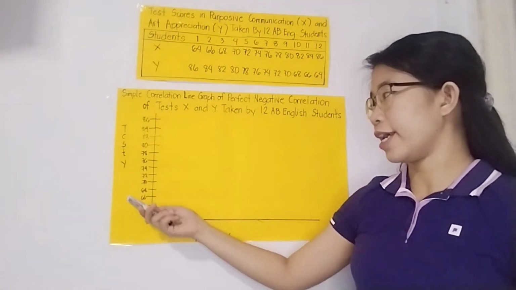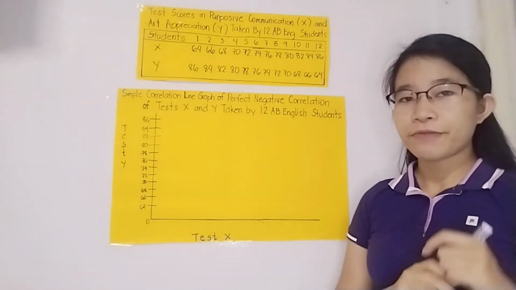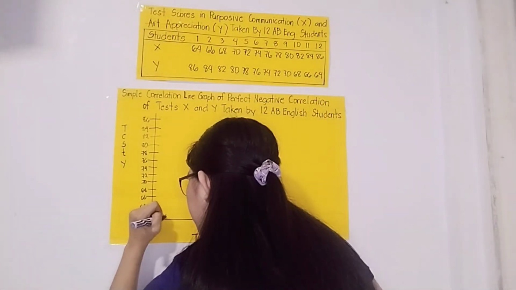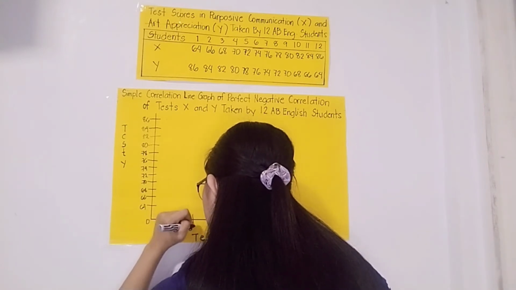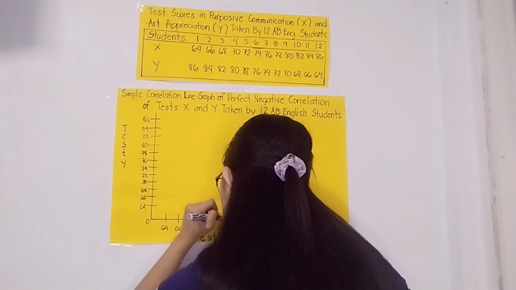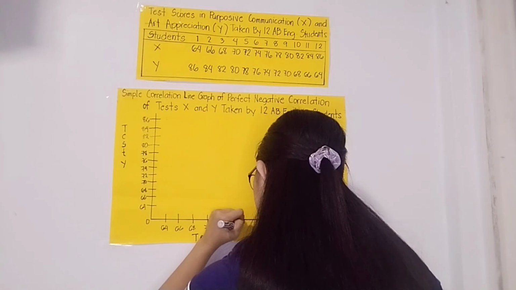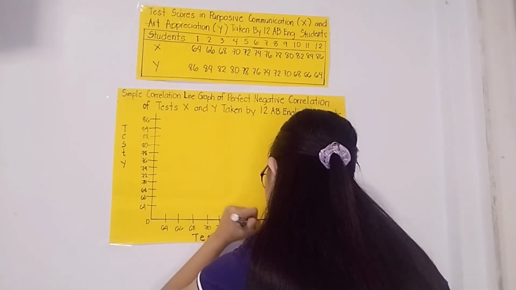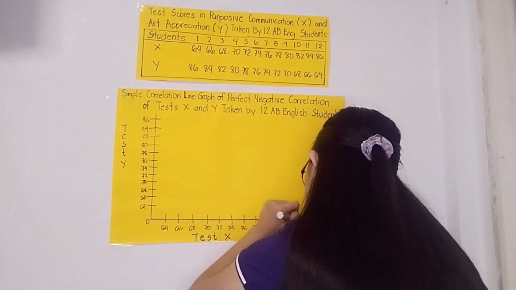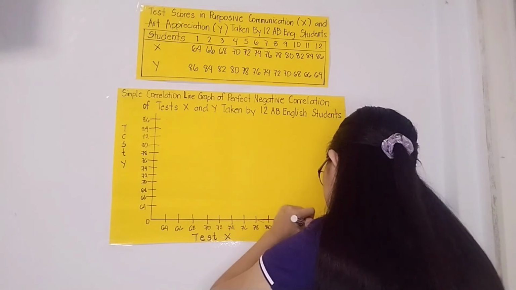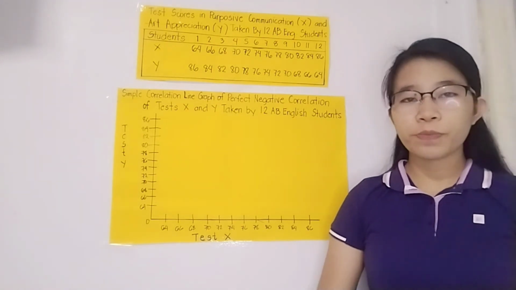Then in the x-axis, we will put here the test x or the variable x. And now, we are going to plot the two variables.